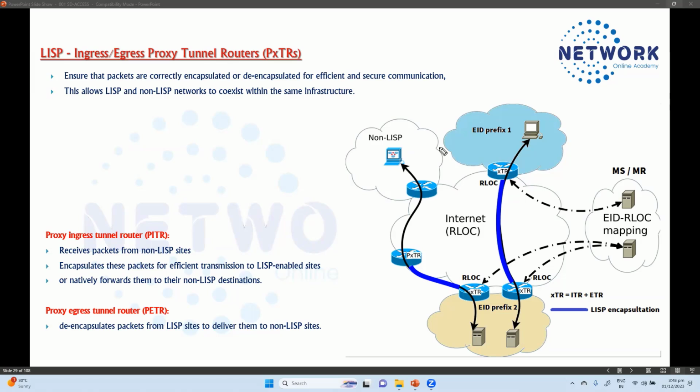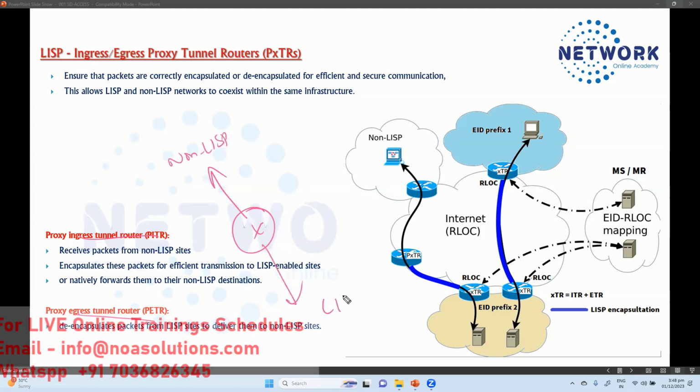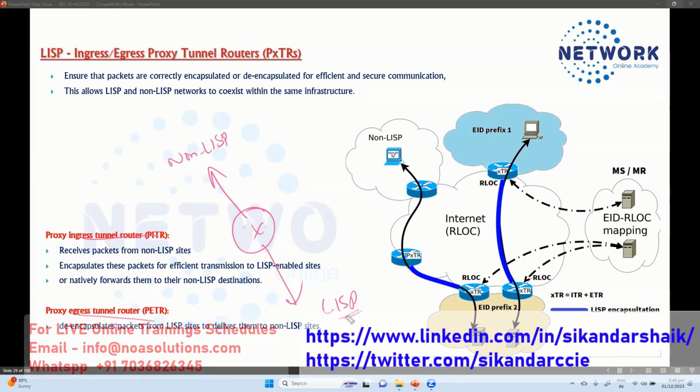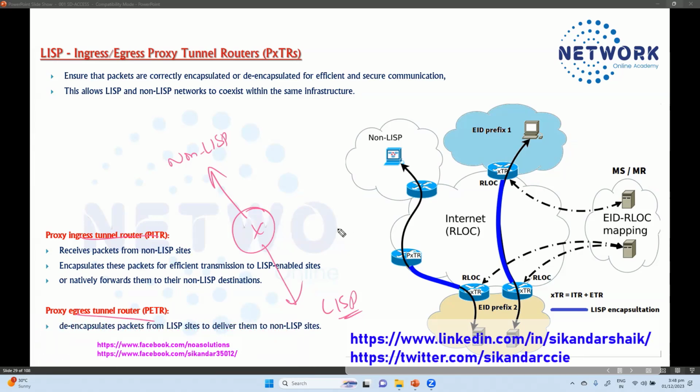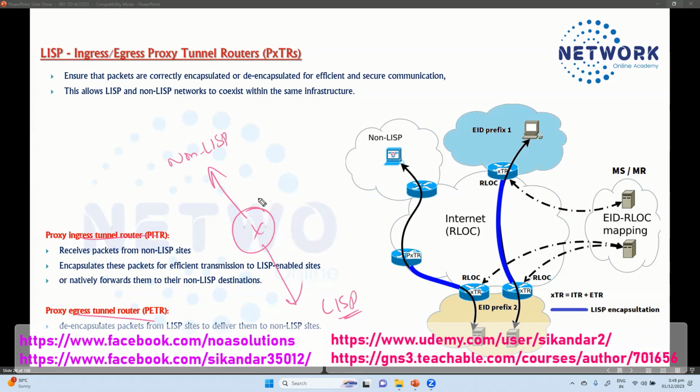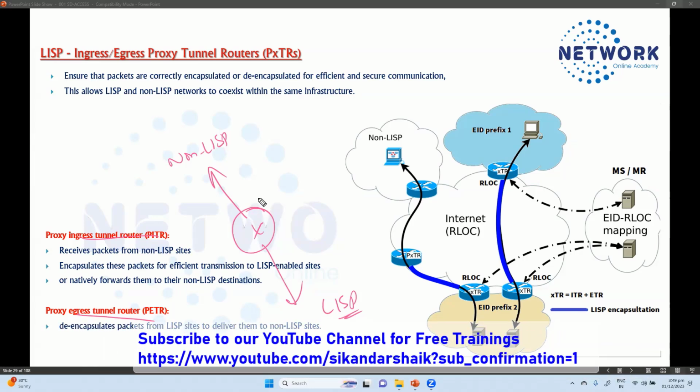In both examples, the proxy ingress tunnel router and the proxy egress tunnel router serve as an intermediate for providing seamless communication between the non-LISP network and the LISP network. This ensures that the packets are correctly encapsulated and decapsulated for secure communication between both networks, and both LISP and non-LISP enabled networks can coexist in the same infrastructure.